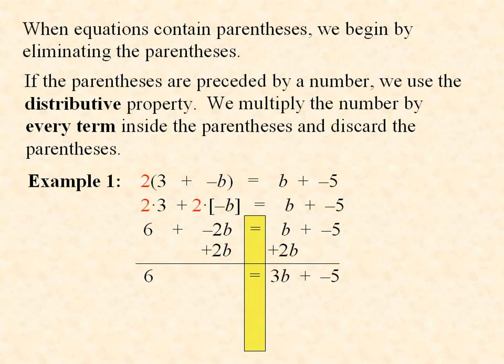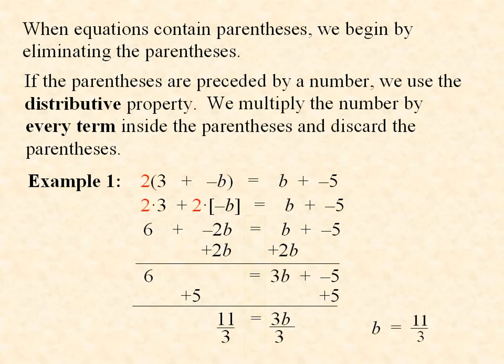Now we will eliminate the constant term on the right side, the negative 5. We add positive 5 to both sides. And that leaves us 11 = 3b. We need to get rid of the 3. 3b is 3 times b, and we undo multiplication by dividing. So we divide both sides by 3, and that gives us b = 11/3.